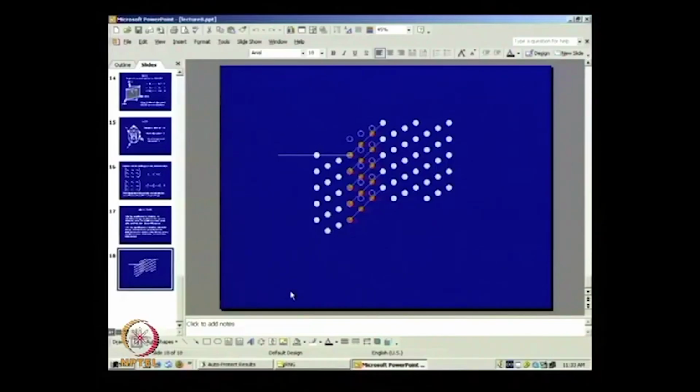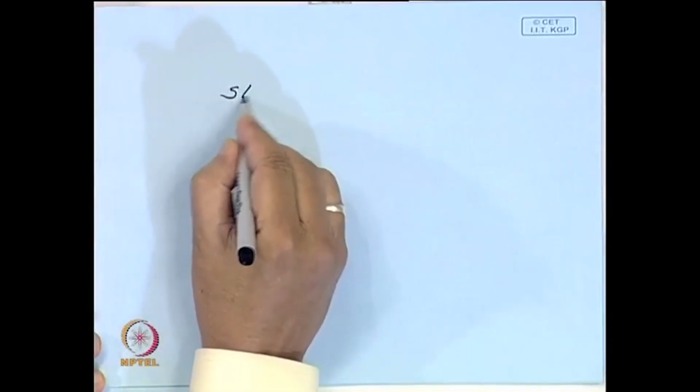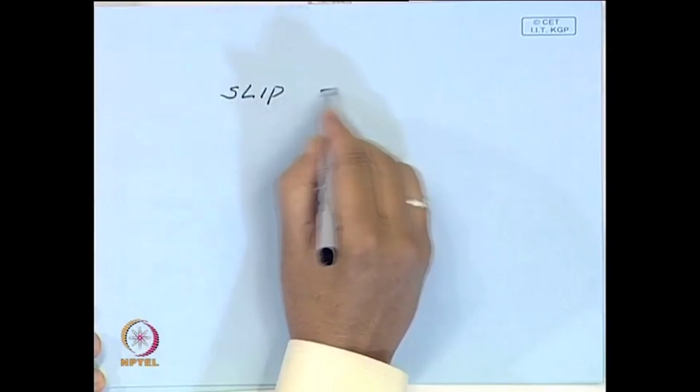So, today whatever we have looked at, to sum up, are some of the common modes of plastic deformation. Two common modes of plastic deformation, as we have seen, are slip and twin.